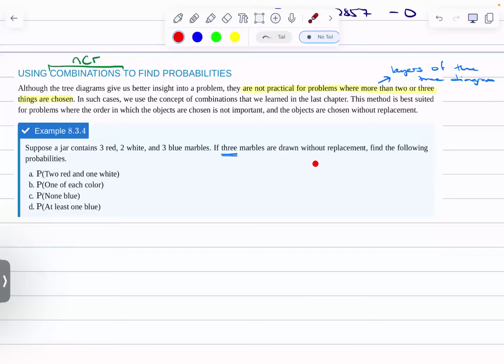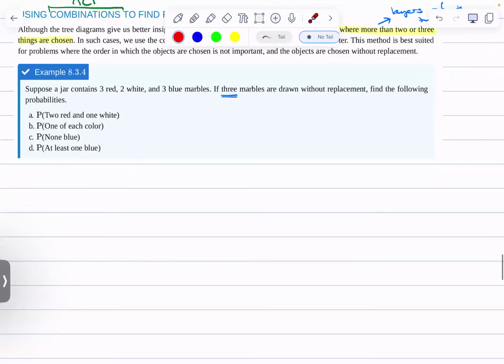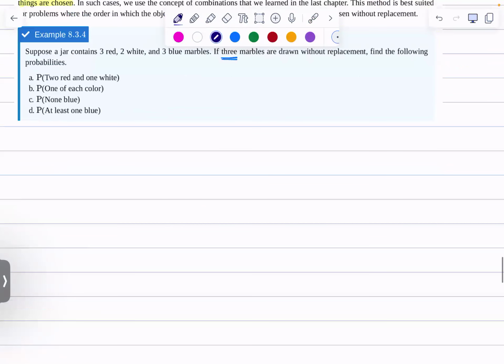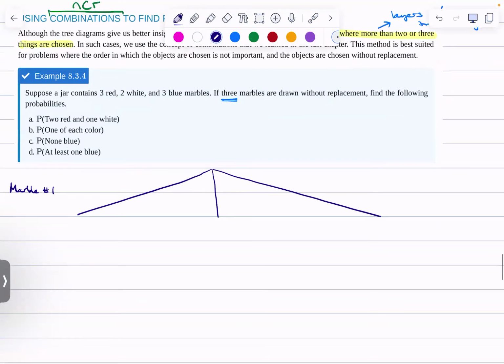So what I'm going to do first, right, is I'm going to draw the tree diagram. Now, I have 3 colors to start, and then I'm drawing 3 marbles. So what I need to make sure is that I give myself lots and lots of room at the start. So here, this is marble number 1. I'll make a note here.